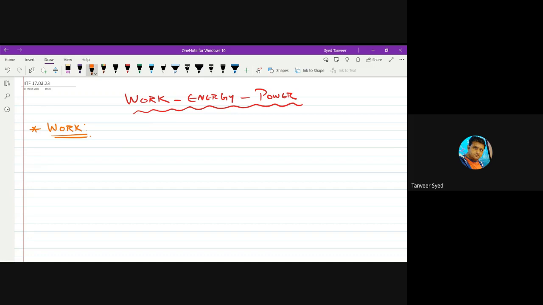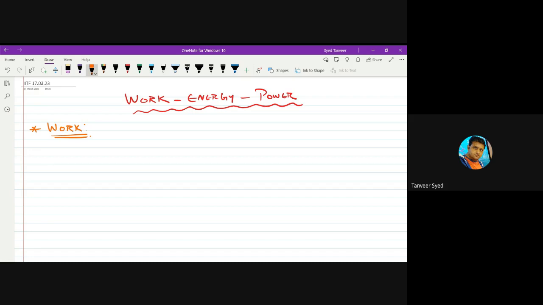You will be hearing, what does your father do, meaning what work does your father do? Or I am busy with my work. In such situations, we use this term work. But the meaning of work in our daily life and the meaning of work in physics are entirely different from each other.